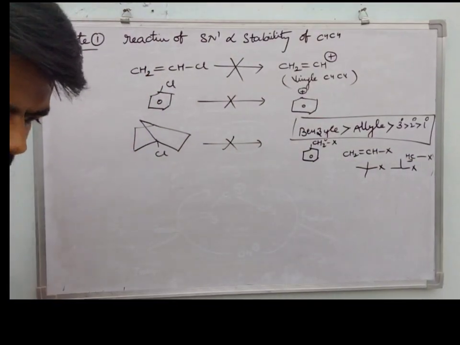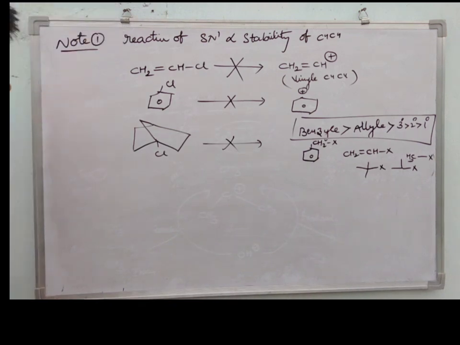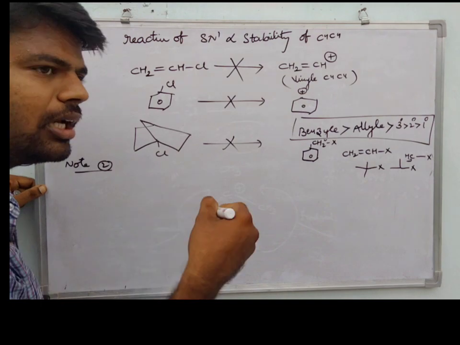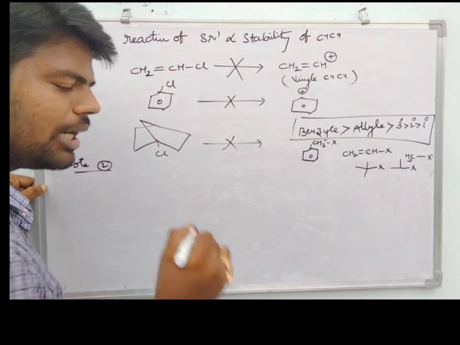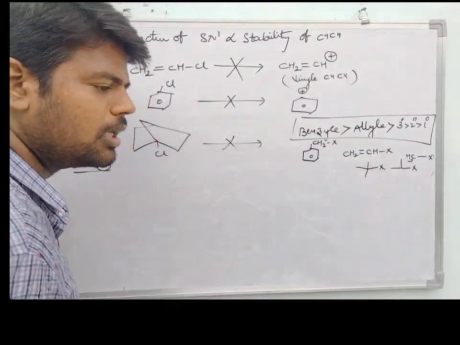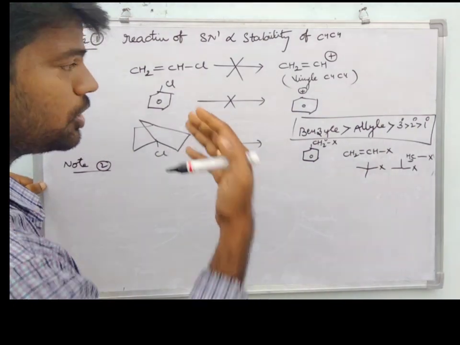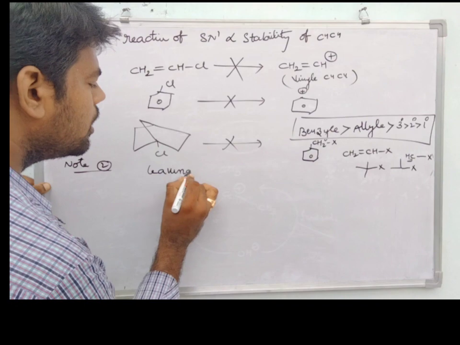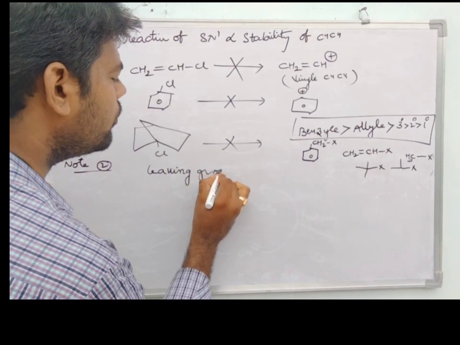After the reactivity of the SN1 mechanism, one more important note point is the leaving group. Generally, if the leaving group is a best leaving group, then the substitution occurs very fast. How will we identify the leaving group?